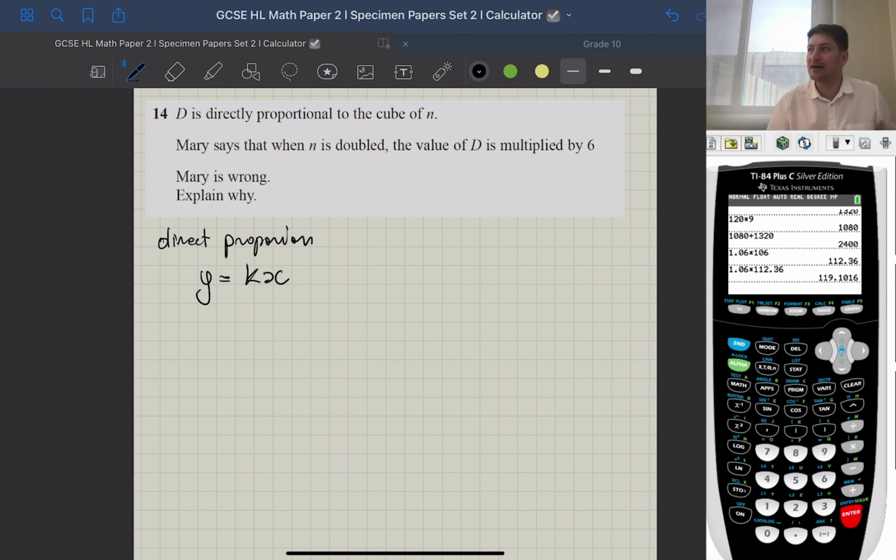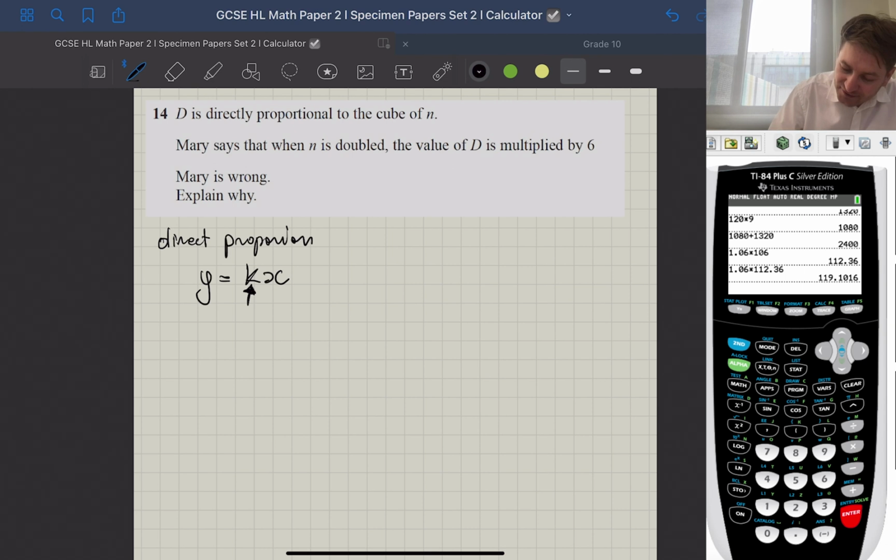This is like when I'm working for 5 hours and I'm getting paid £10 an hour. I earn the amount of hours I worked times the flat fee, right? And your flat fee is the k, okay? So that's where we are when it's directly proportional.